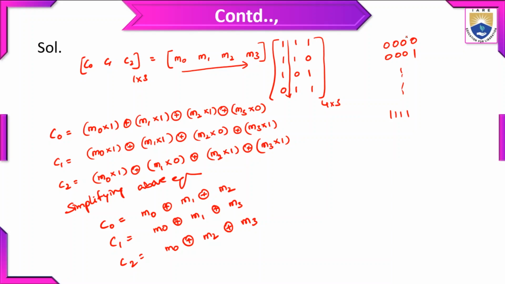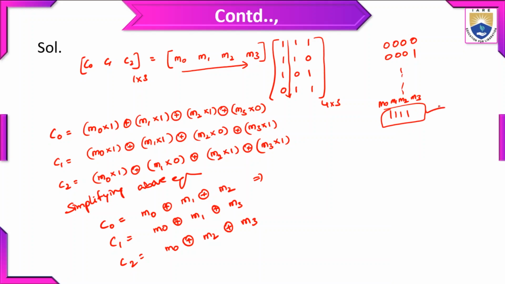For example, we can see the last one, 4 ones. Here M0, M1, M2, M3. So what is C0?